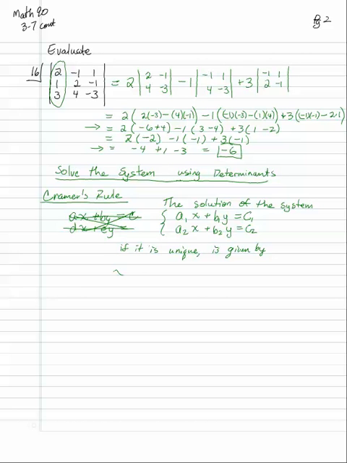And the way you do this is x is going to be equal to, now the top is going to be, well, first let's start with the bottom. The bottom is going to be just the coefficients, a1, a2, b1, b2. So that's for both x and y.